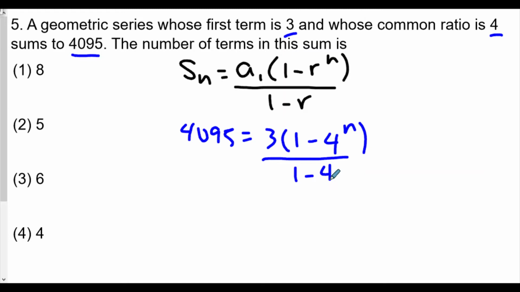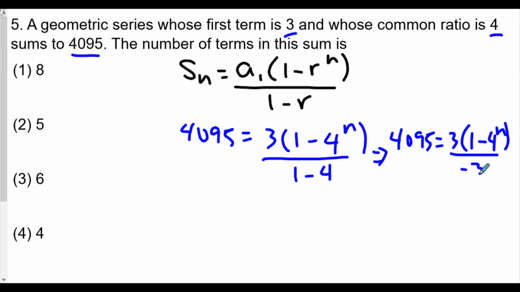Well, we can do a couple of things here. This will turn out to be 4095 equals 3 times 1 minus 4 to the nth power all over, now 1 minus 4 is negative 3. The 3 and the negative 3 divide out here, and we're left with a negative 1 on top. So now we have 4095 equals negative 1 times 1 minus 4 to the nth power.